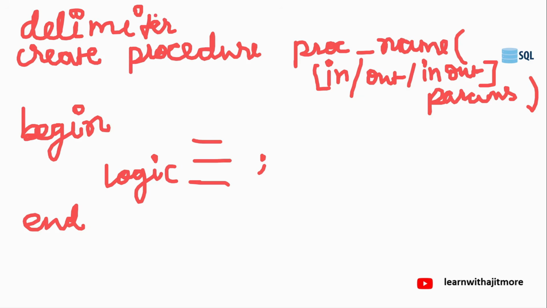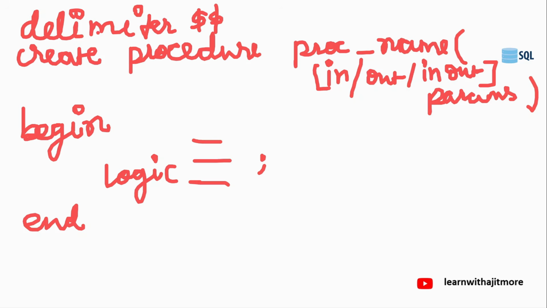In Postgres, they use another statement, END PLPGSQL, to indicate the block is over. Here you have to use delimiter and change your default delimiter to something else. Suppose I am putting dollar dollar. It's up to you what you want.